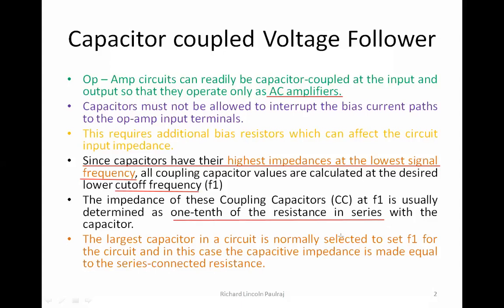The major important thing to consider here is that op-amps can be made AC ready if and only if we have these capacitors. If we have capacitors, then it's going to be AC ready, because they're going to block DC.